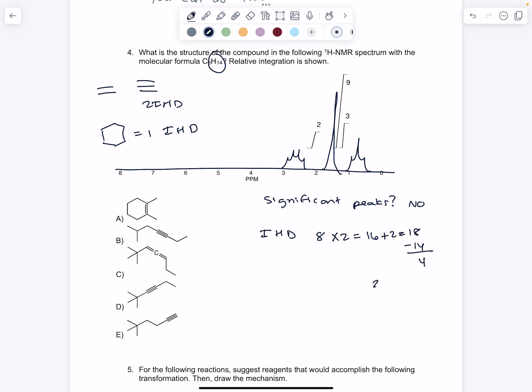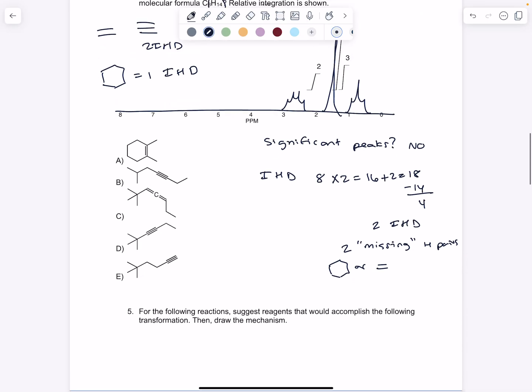So that means we have 2 index of hydrogen deficiency, or another way of saying that is we have 2 missing hydrogen pairs. And those come from rings or double bonds, right? So that would give you 1.